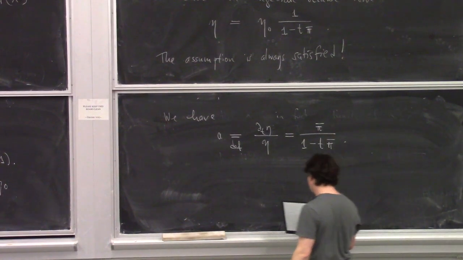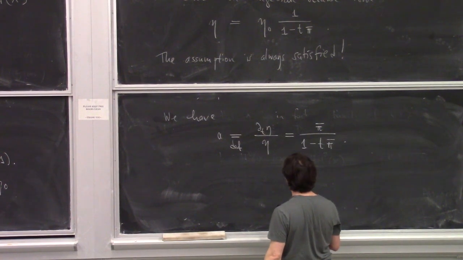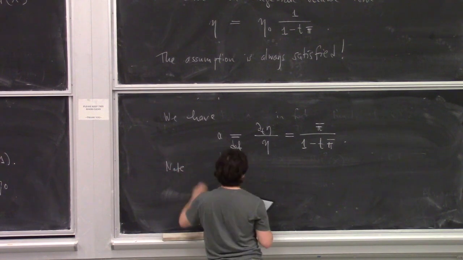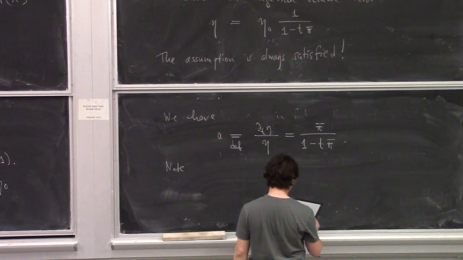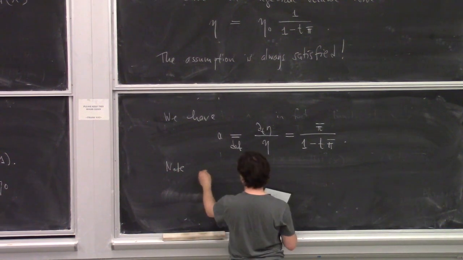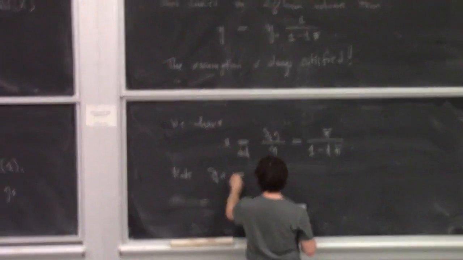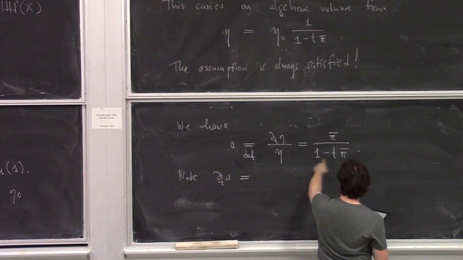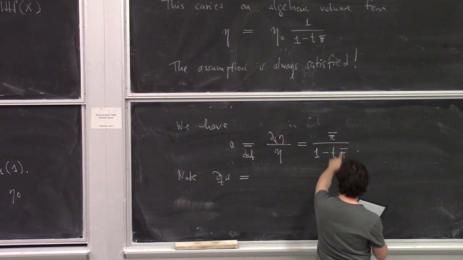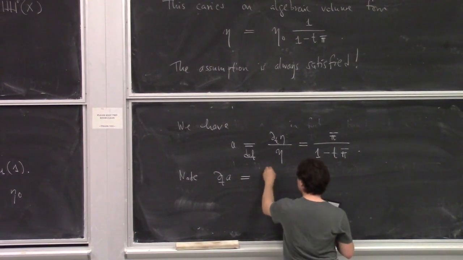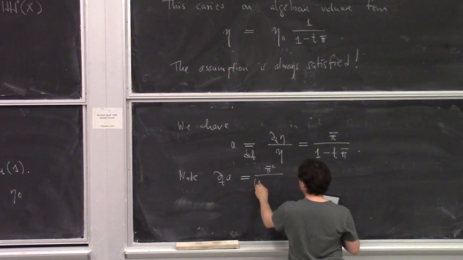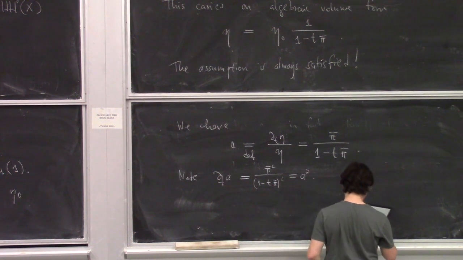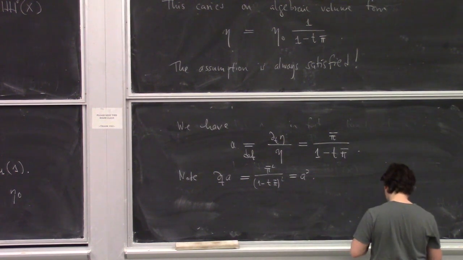So if I take the function and I try differentiating it again, I pick up a square of this guy, and then the pi goes up there, so it's pi r squared divided by 1 minus t squared, which is in fact A squared.